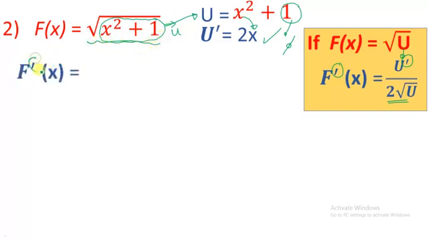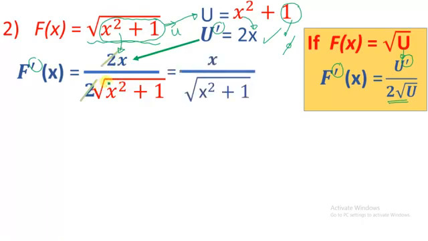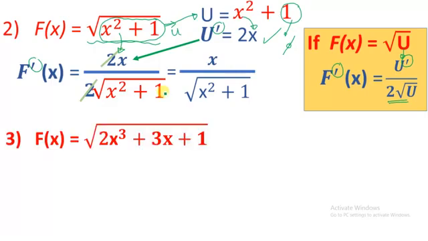So the derivative f prime of x equals first u prime, which is what? 2x over 2 radical x squared plus 1. يعني بنعمل derivative للي under radical على 2 radical نفسه اللي معنا إياه. 2 and 2 will be cancelled and we will get x over radical x squared plus 1.